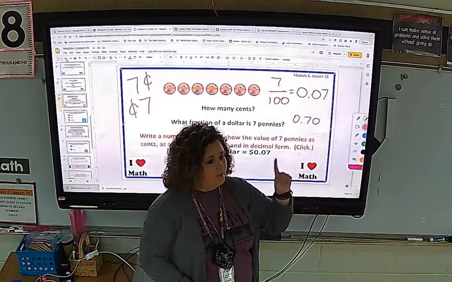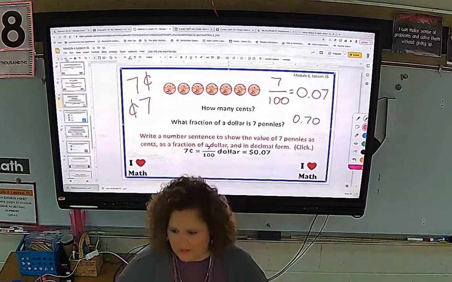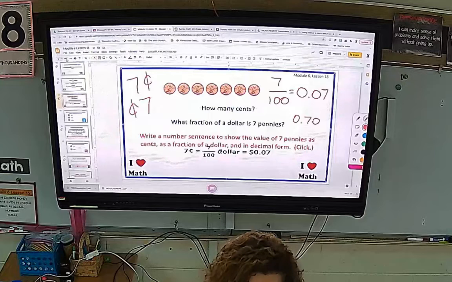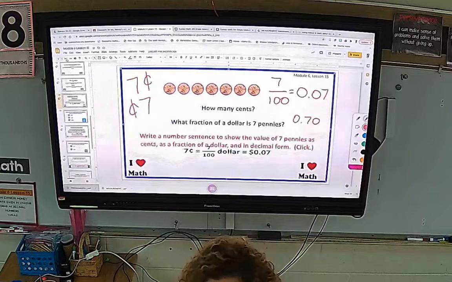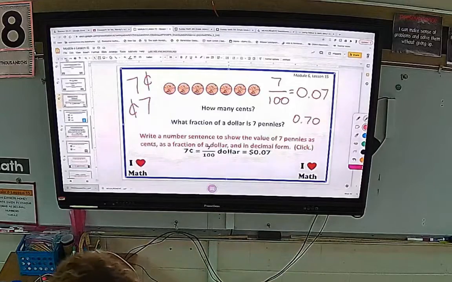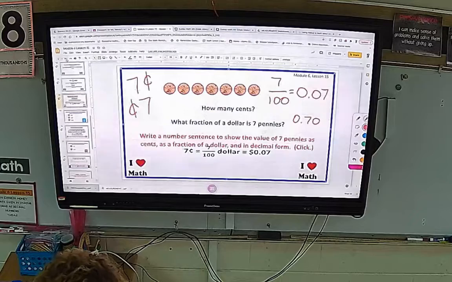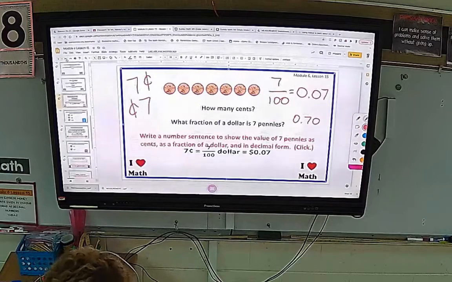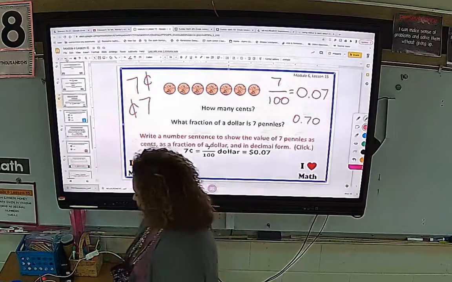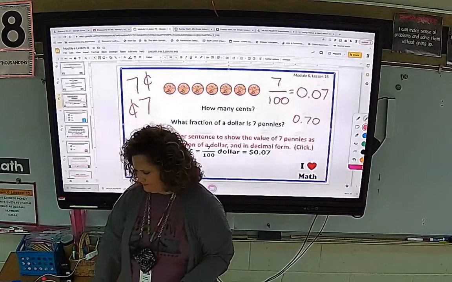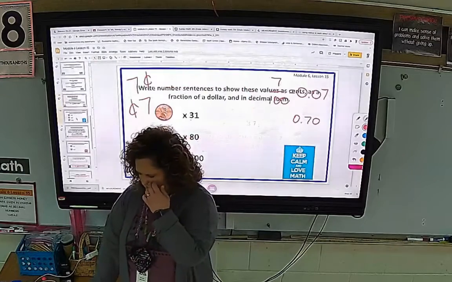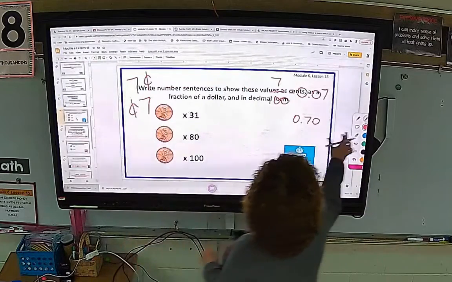Or maybe one day you're the cashier and you've got to hand somebody back change. The cash register tells you exactly how much, but can you pull the money out of the drawer that matches the amount on the screen? Well, we can with lots of practice. It really isn't hard once you get used to working with it.